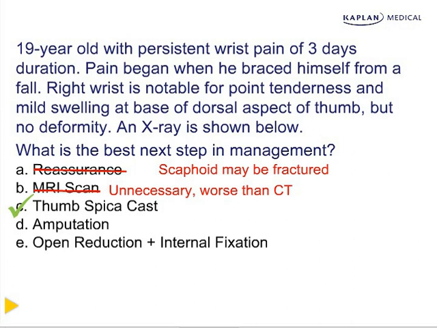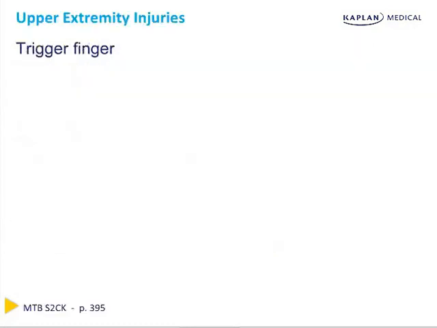MRI scan is overkill at this point, and even if advanced imaging was indicated, CT scans are better than MRIs for detecting bony abnormalities. Amputation may be going a bit too far in this otherwise healthy patient with a relatively minor injury. Open reduction and internal fixation may be required at some point if this truly is a fracture, but it is too early to tell and thus too early to jump to surgery.